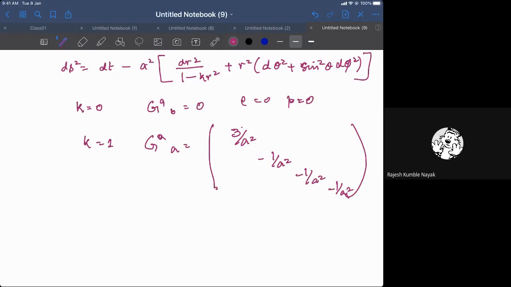Now, if this has to be a perfect fluid, then we know that this has to be rho.